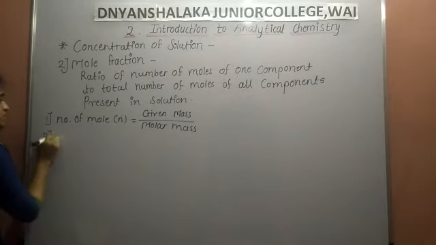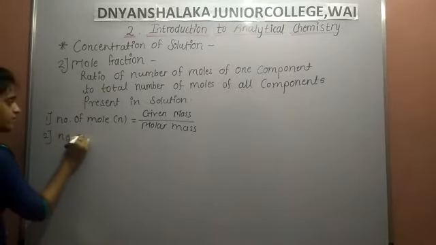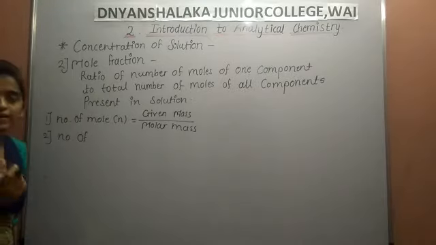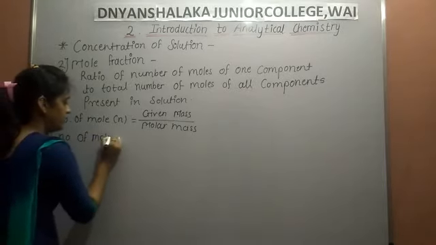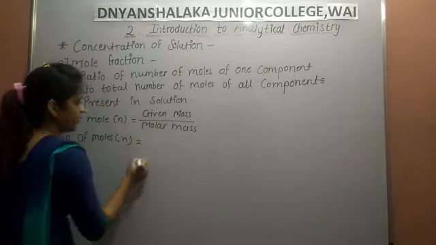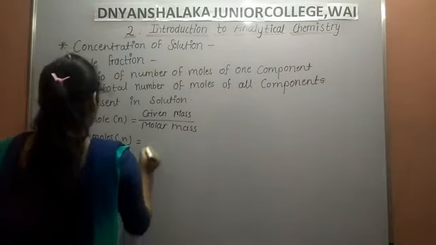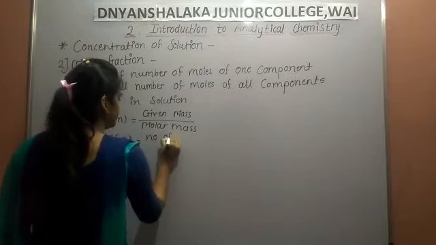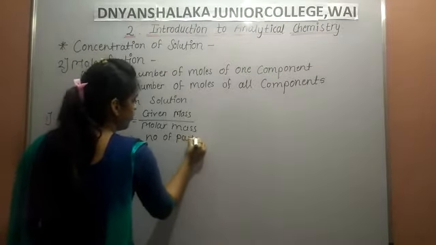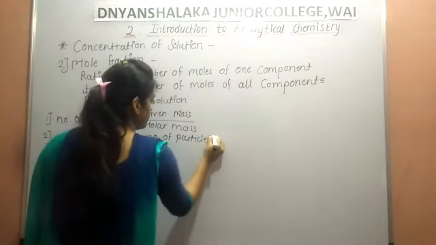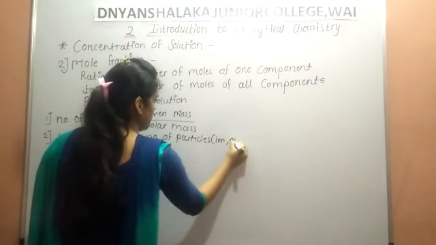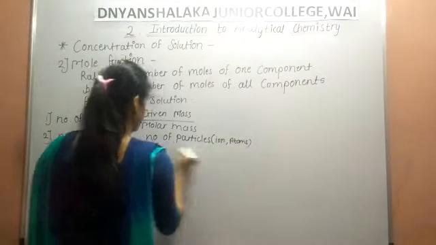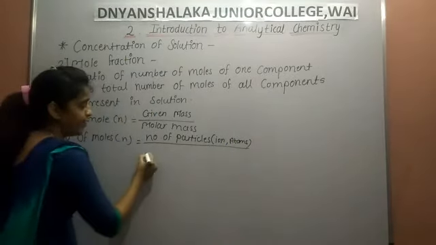This is the first way. The second way: number of moles is calculated using the number of particles, that is atoms or ions present in the compound, with the help of the Avogadro number. Number of moles n equals number of particles upon Avogadro number.